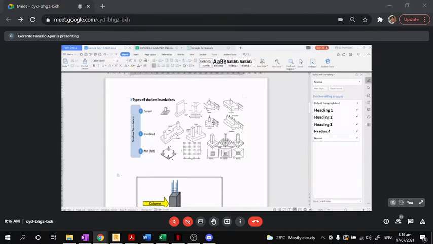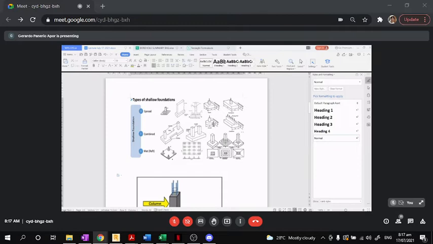Nobody will stop you if your footing is circular, but circular footing is very tricky to do. Because to lay out a circle takes a skilled worker, unlike a square footing.